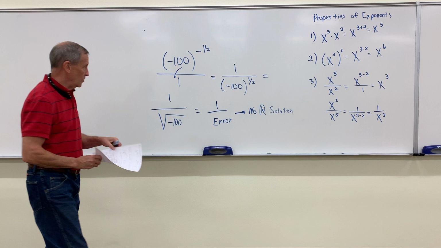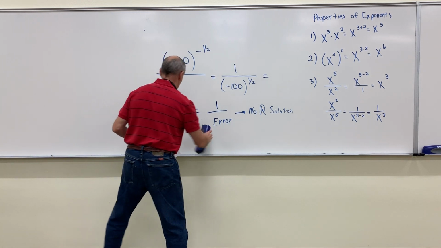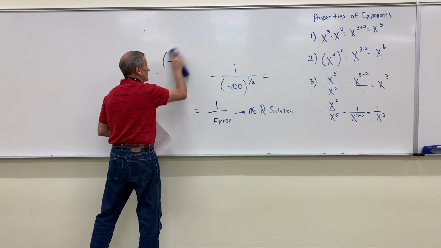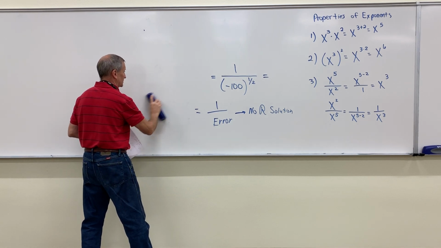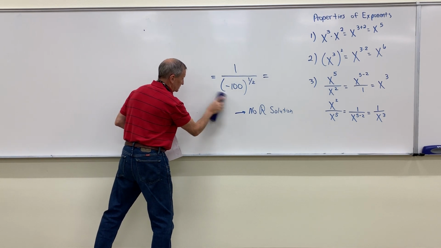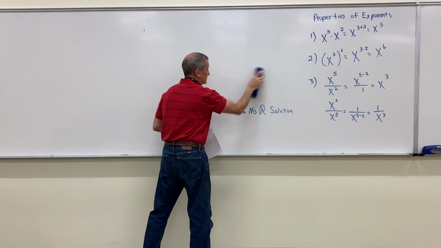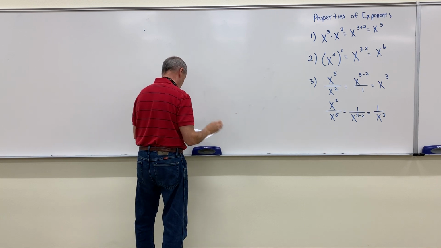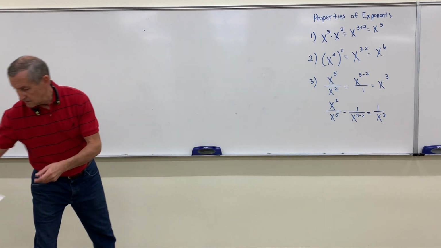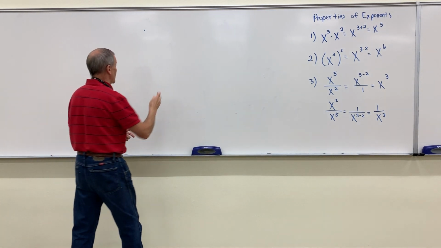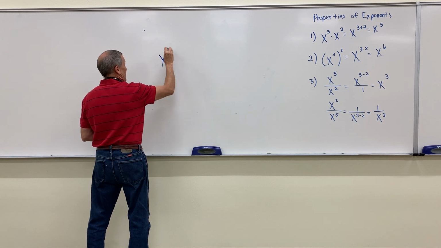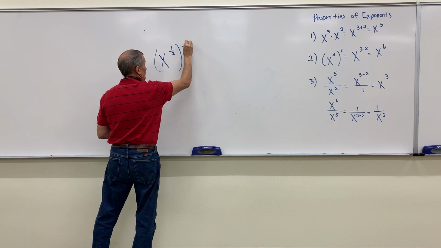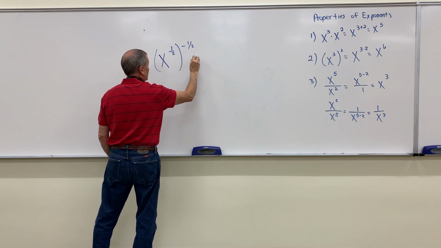Let's work one more. This is also one of your Hawks problems. X to the 1/2, to the negative 1/2.